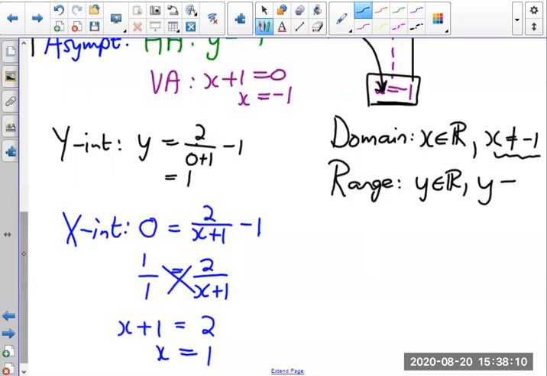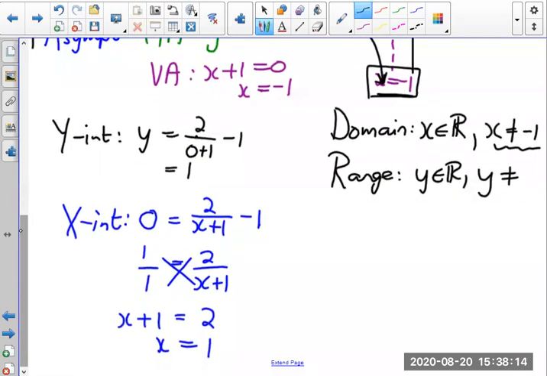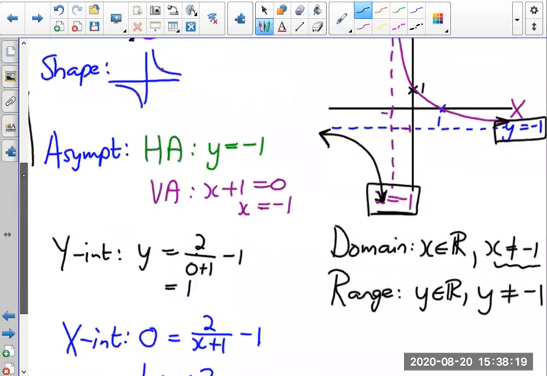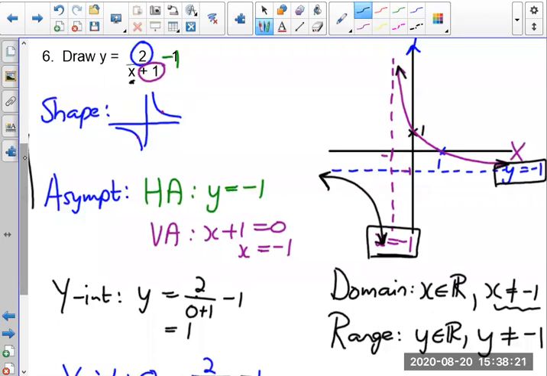So y not equal to, and that is also -1. And can you see this is the decreasing hyperbola? It's decreasing, it's decreasing. So the whole hyperbola is decreasing.